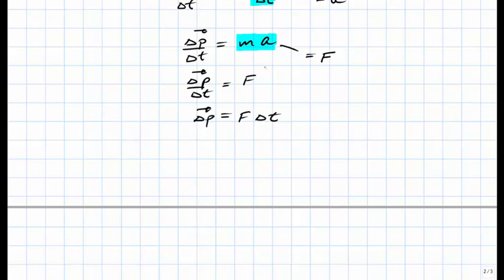Now, force is a vector quantity, so we'll note that with an arrow on top of the force. And force times change in time is just defined as impulse. So this product is called impulse.